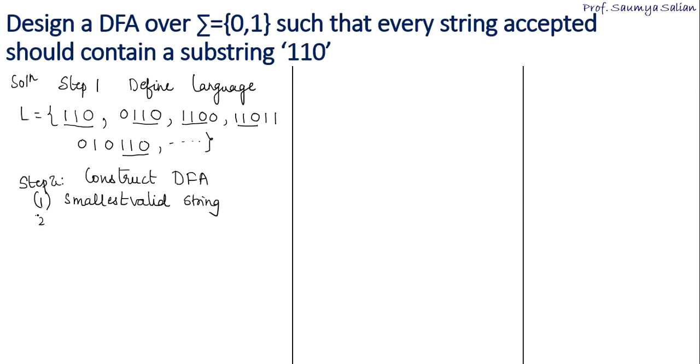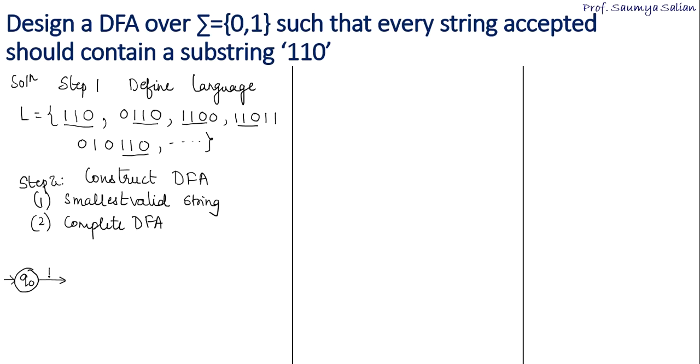Next, I'll be completing my DFA by responding to all the inputs at every state. So let's proceed. Q0 is my initial state. I'll first construct the DFA for the smallest valid string. So here the smallest valid string is 110.